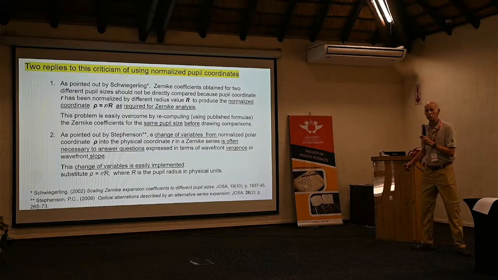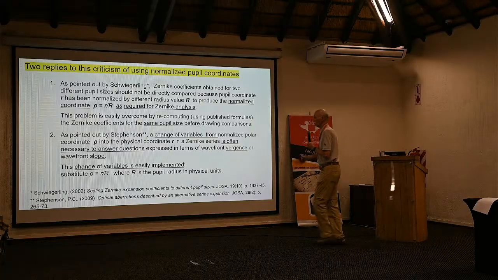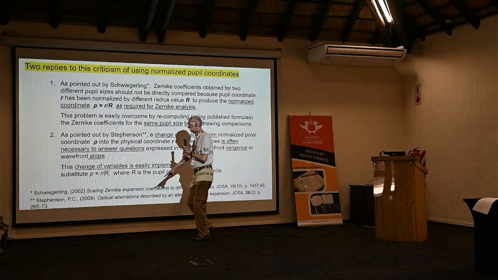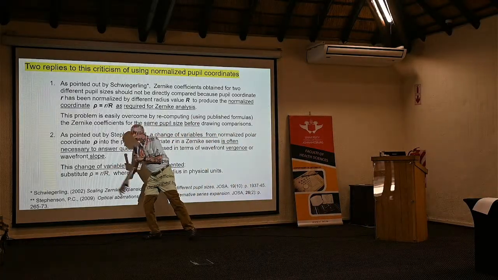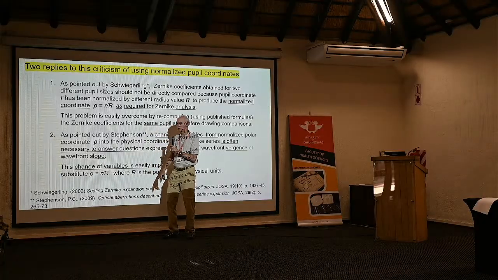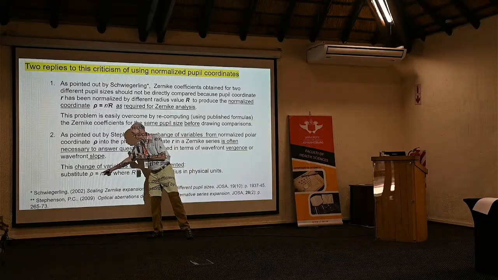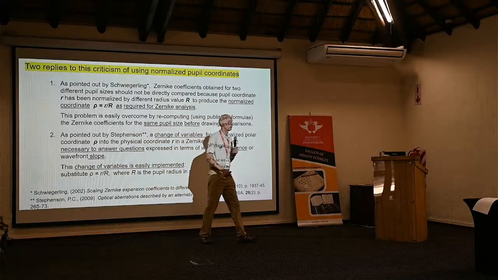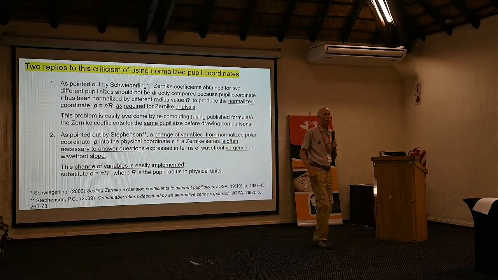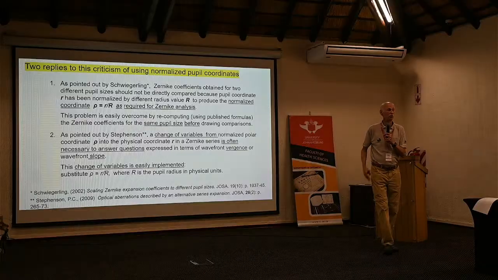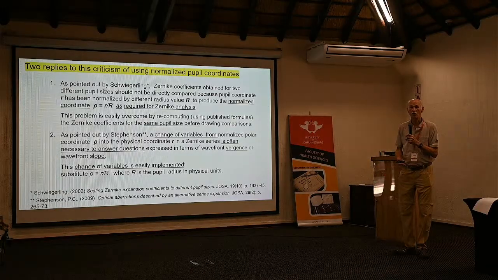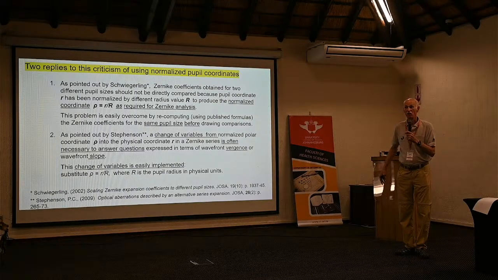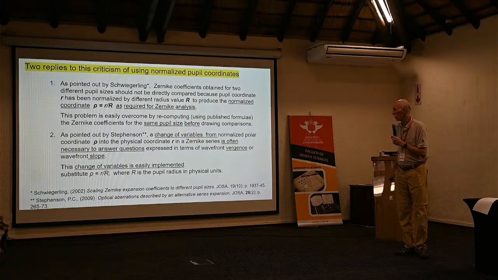All you have to do is a substitution of variables. The Zernike polynomial is written in terms of rho, but if every place you see a rho, you substitute the radial dimension r divided by the pupil radius, big R, then you have the Zernike polynomial written in terms of physical dimensions rather than normalized dimensions, for the purpose of computing things like ray aberrations and wavefront vergence.